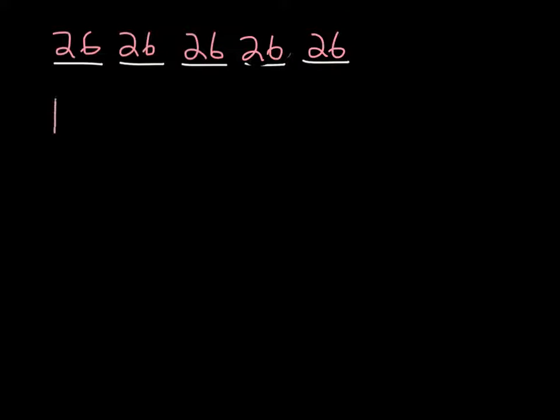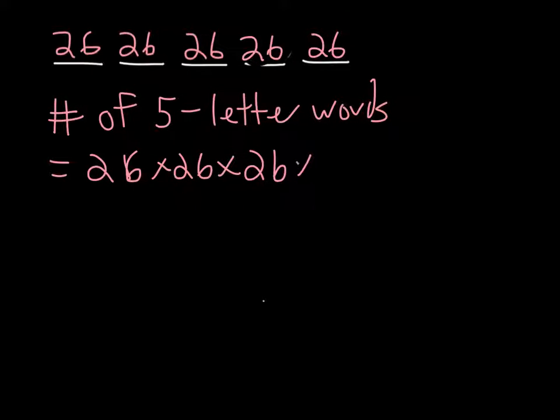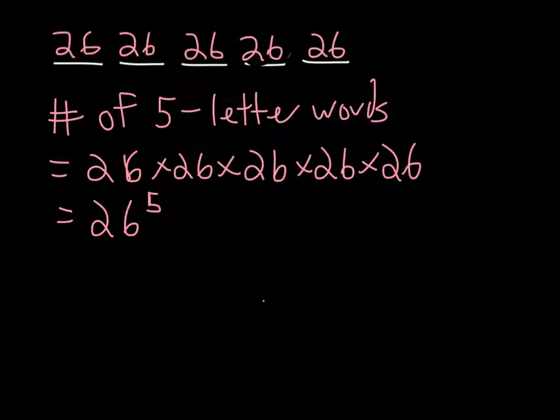So, the number of 5-letter words, well, we're just going to multiply those together. So it's going to be 26 times 26 times 26 times 26 times 26, which is 26 to the power of 5.